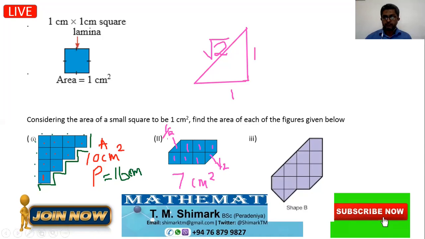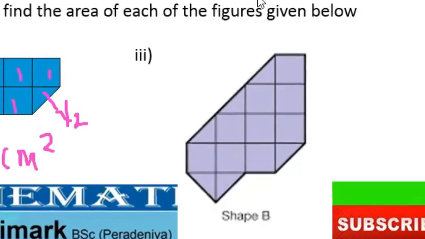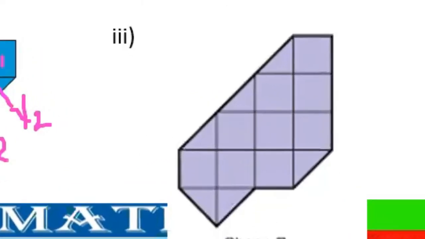This one is 12 centimeters squared. We will check if it is 12 or something else. A lot of people are answering 12. Let me check also. We'll take the full ones: 1, 2, 3, 4, 5, 6, 7, 8, 9.